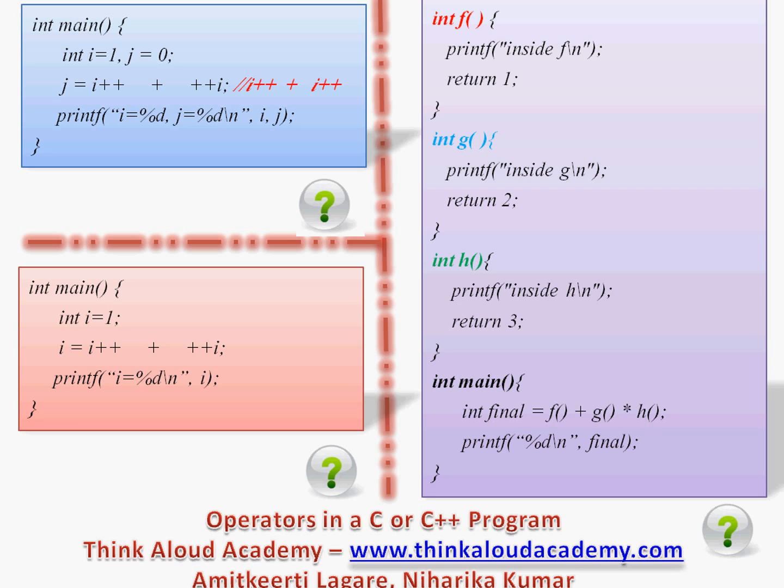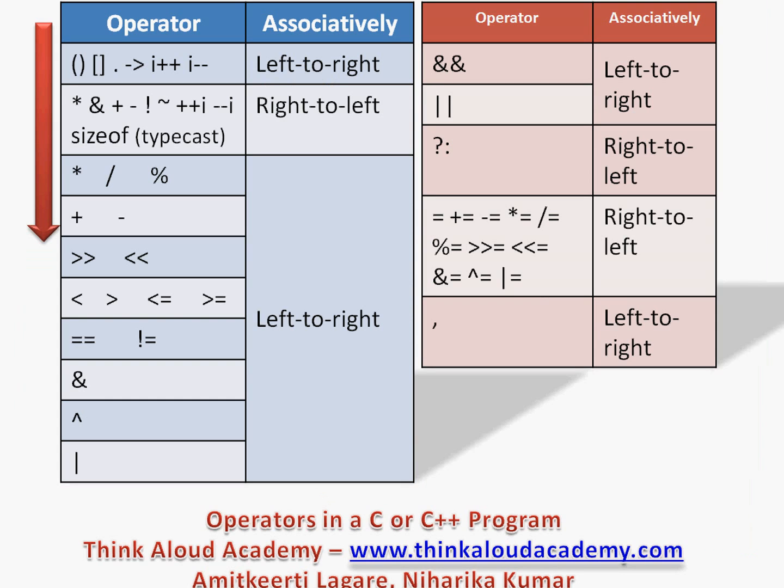In order to understand and evaluate all these expressions, we have to know the order of these operators and in what order they are evaluated. Here are some of the operators, listed in the order of evaluation or order of priority, and we also have some associativity associated with these operators. Let's see what this table means.